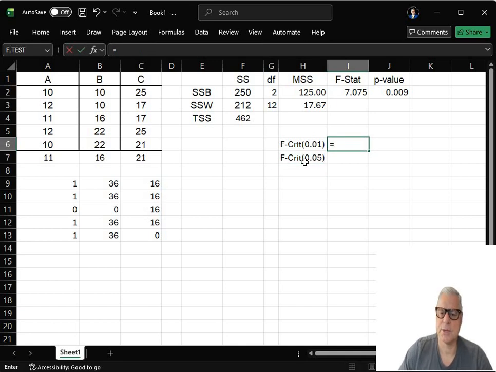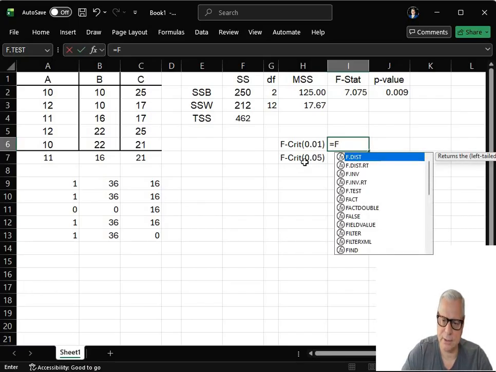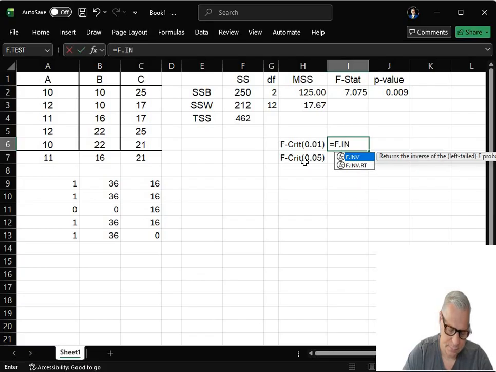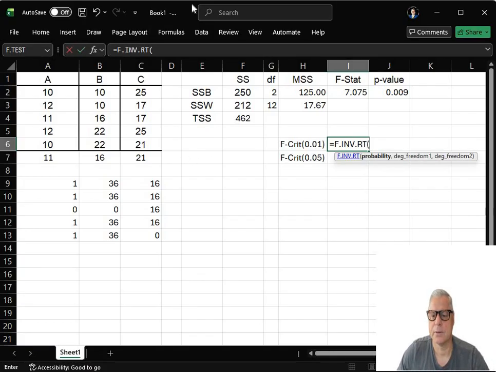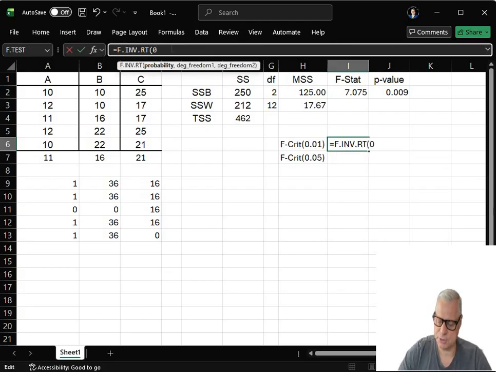And that is equal to, so now we use the formula F.INV.RT, right tail, and the probability is 0.01, and again degrees of freedom in the numerator and denominator, so that's 2 and 12.